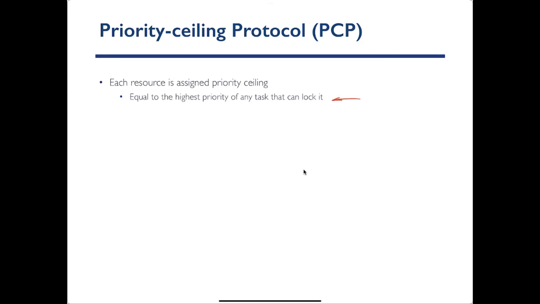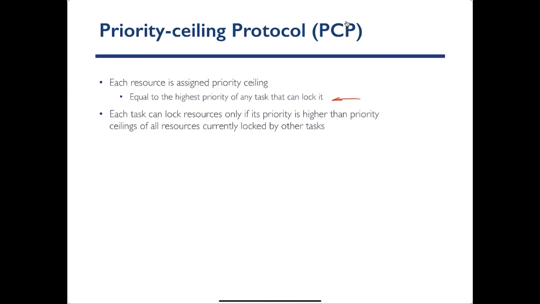This assumes that we know upfront what tasks are going to request a particular resource, and we're going to assign the priority ceiling of each resource to the highest priority of any task that can lock it in the future.